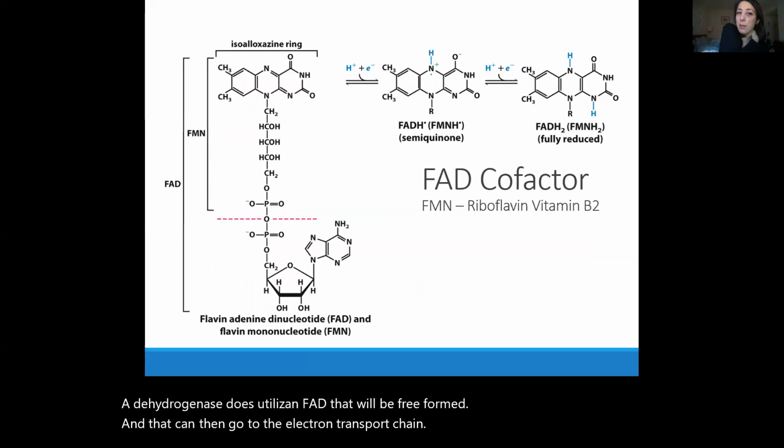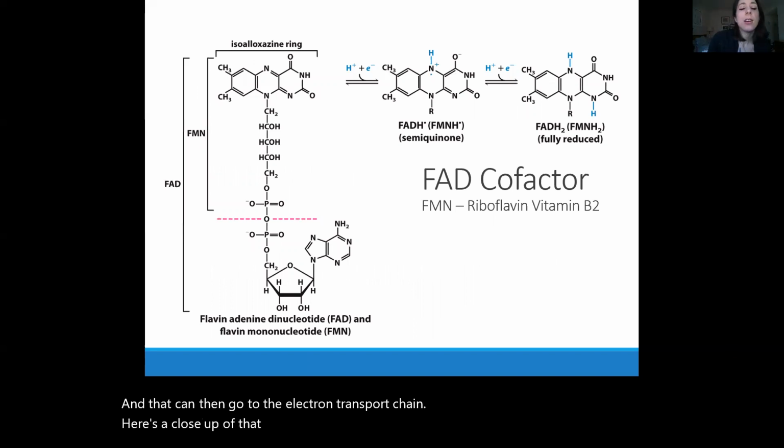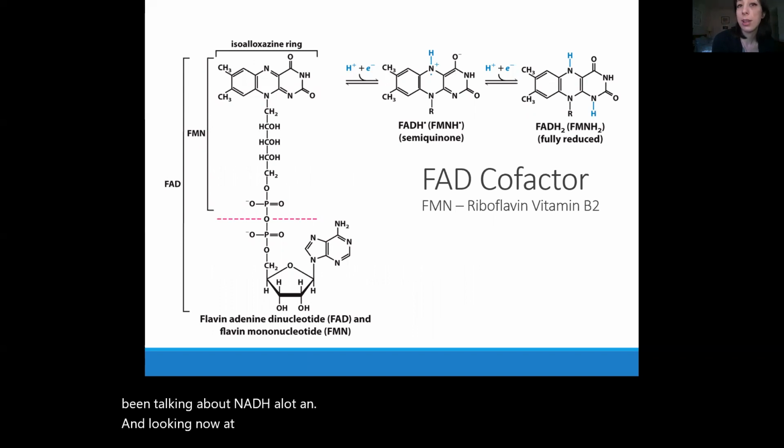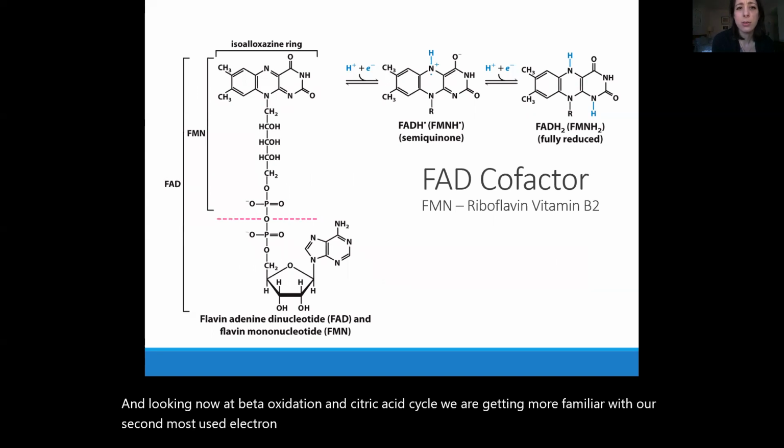Here's a close-up of that FAD cofactor. I wanted to give it a little bit of time since we have been talking about NADH a lot, and looking now at beta oxidation and the citric acid cycle, we are getting more familiar with our second most used electron-carrying energy molecule, which is FAD.